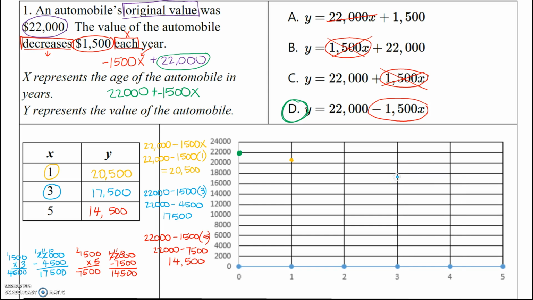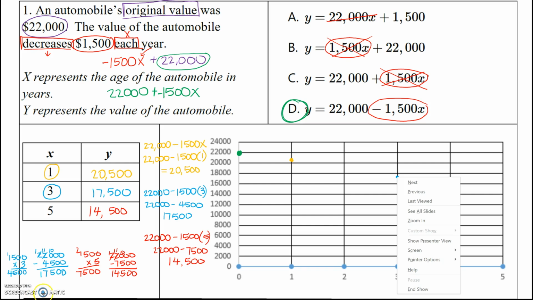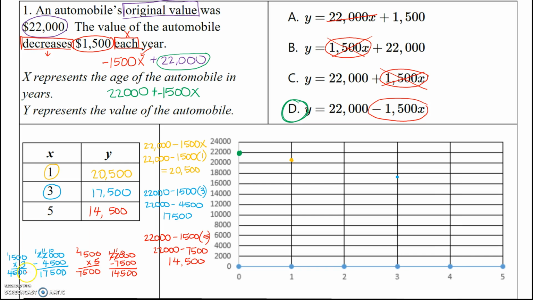Okay. And then my last point, x was 5. And I had, oh, that point disappeared, sorry, 14,500. So here, let me go back, sorry, do my blue one, it was 3 and it was 17.